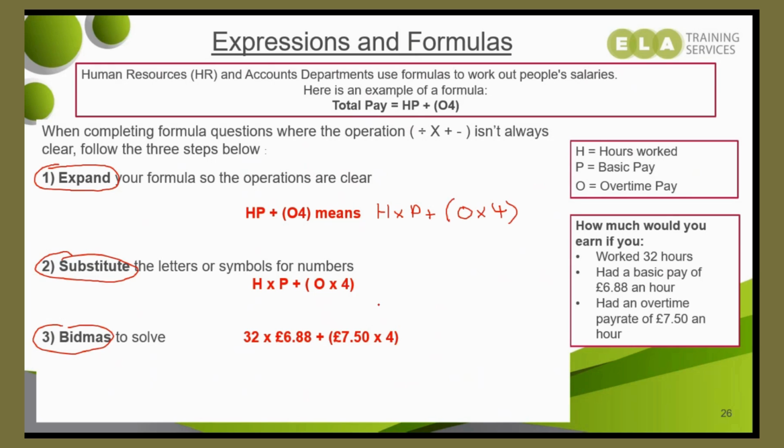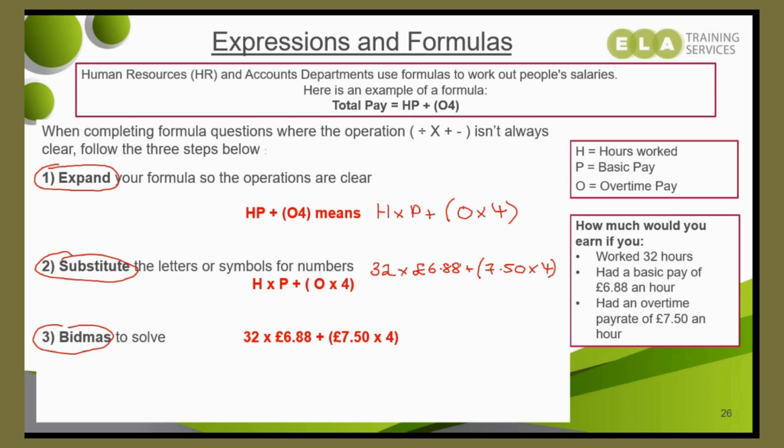So now you know what you are dealing with. We then start substituting those letters for numbers. So H we know is hours worked, in our question says 32, multiplied by P, which is our basic pay of £6.88, add what's in our brackets, overtime pay of £7.50, multiplied by 4. And now all you need to do is follow Bidmas to get your answer.